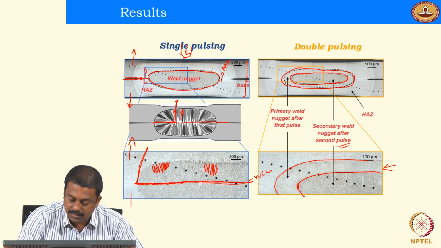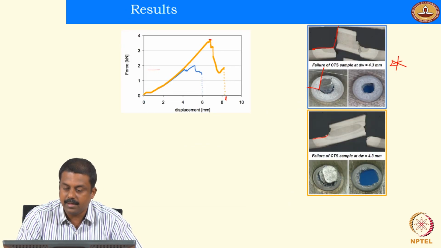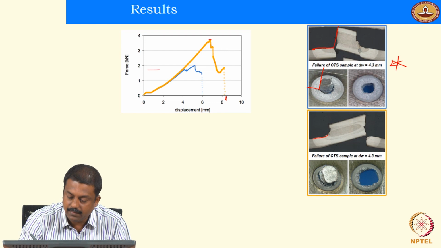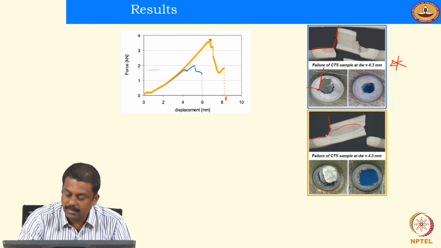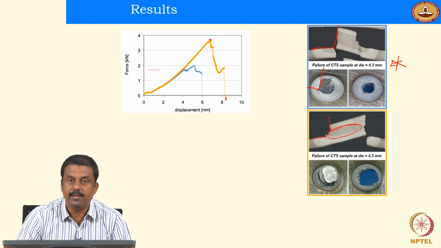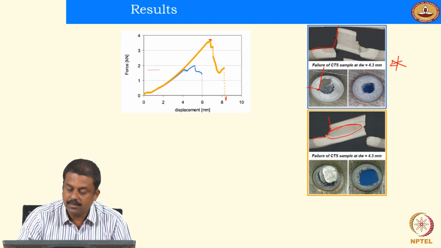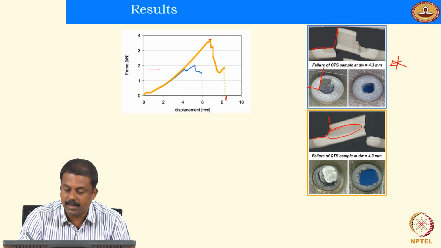So these regions, the moment your crack reaches that region, what happens? The crack is deflected. That means that your weld nugget is intact. Majority of the secondary weld nugget is intact. So you improve the mechanical properties significantly by doing a second pulsing.